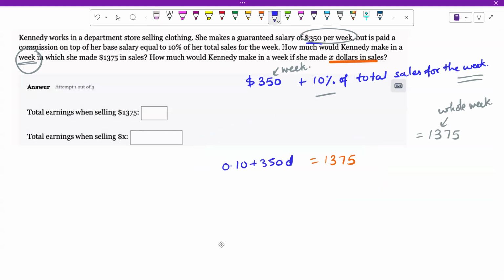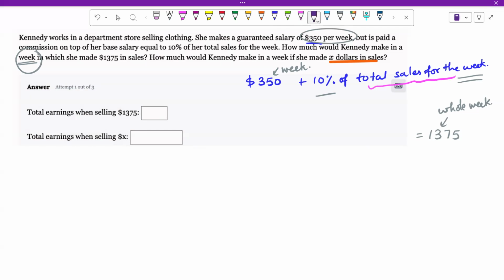Now see here, they are saying this is a guaranteed salary. That means 350 is fixed, it's not varying. What is varying is the commission on top of her salary, which is equal to 10% of her total sales. So 10% of whatever that is will be different every week because the sales will be different.